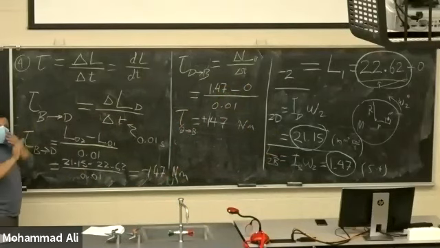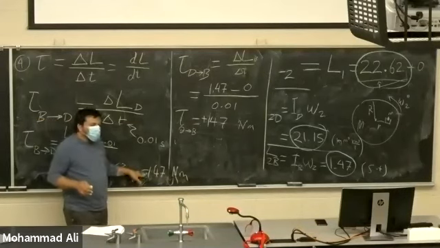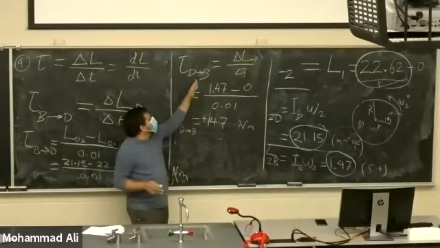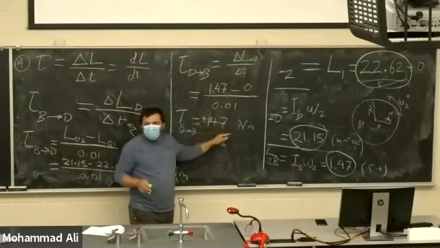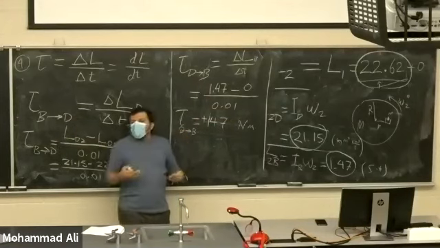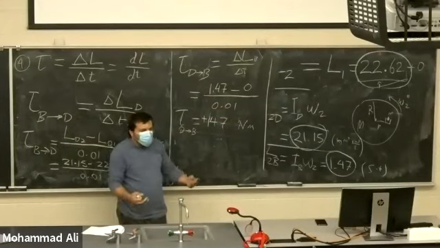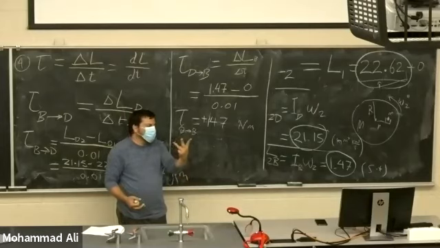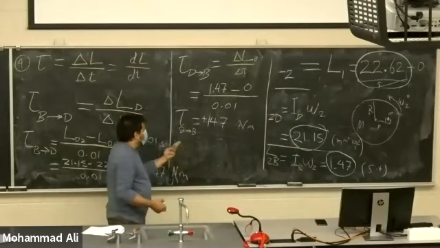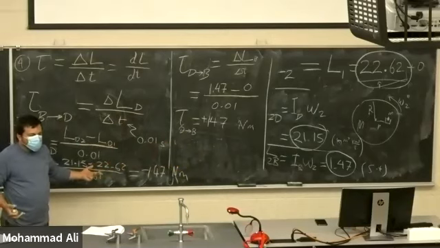The torque from the ball on the disc is negative 147. The torque from the disc on the ball is positive 147 because they satisfy Newton's third law, right? And the negative sign denotes the direction.